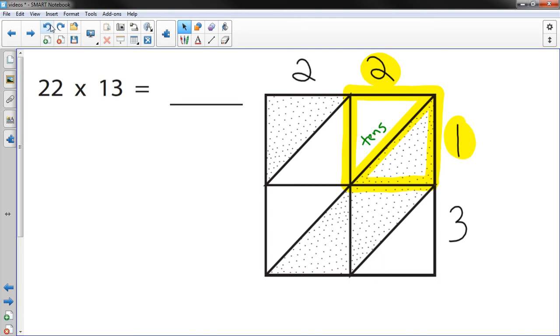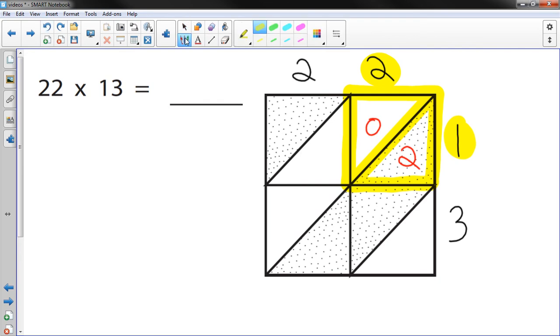So I'll get rid of those real quick. And 2 times 1, hopefully you know that one, that's 2. So you write a 0 in the tens place because there's nothing in the tens place for the answer of 2, and 2 goes there.